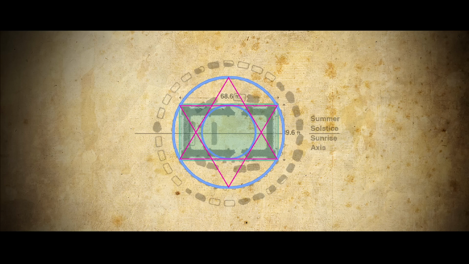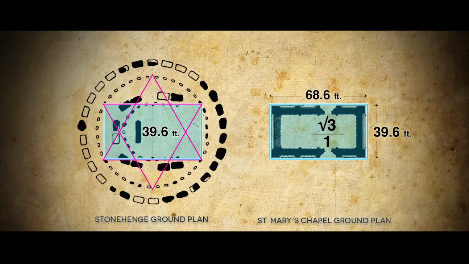And if we take this rectangle right here, which is in the relationship of the square root of 3 to 1, we discovered that that's precisely the size of this chapel that was, according to some, built 2,000 years later. And it links the two. It links a common geometry.